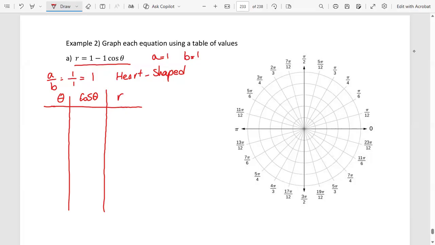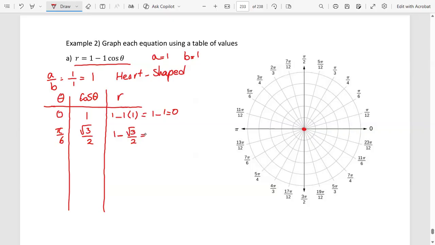If I replace theta by 0, I know that the cosine of 0 is 1, and 1 minus 1 times 1, which is 1 minus 1, is 0. For 0, I have a 0. If I replace theta by pi over 6, I know that the cosine of pi over 6 is root 3 over 2, and 1 minus 1 times root 3 over 2.